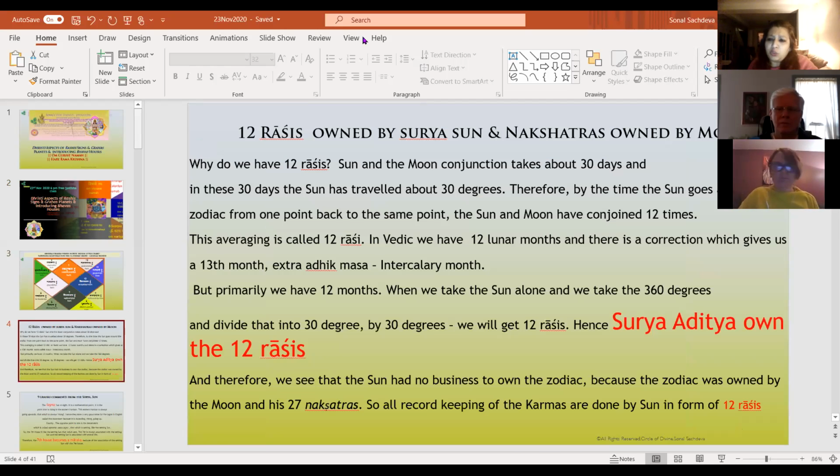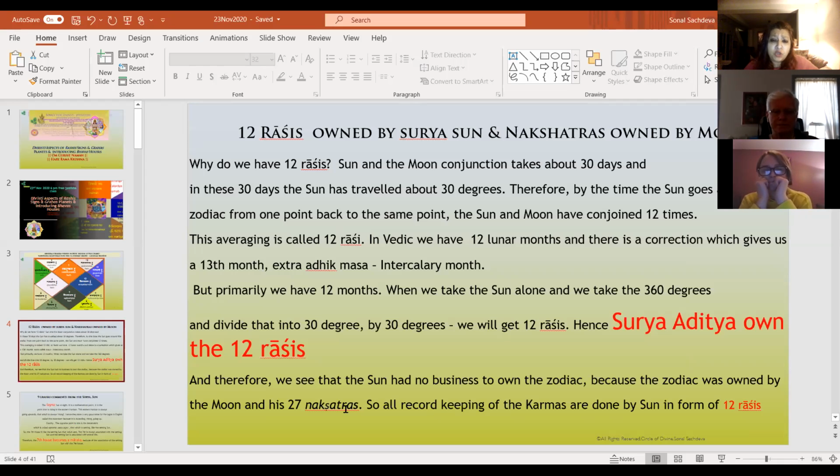Why do we have the 12 signs? This is just a little recap of things. As we saw, the sun is the holder of all the rashis or signs, and the moon is the holder of the nakshatras or the lunar constellations. Because they conjoin 12 times in a year approximately, we get the 12 lunar months.